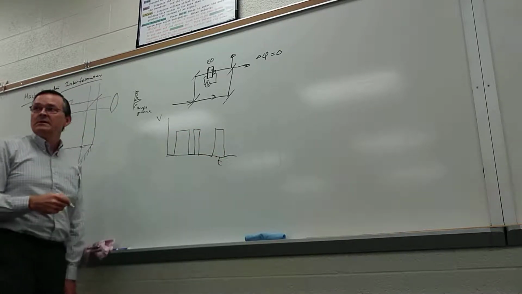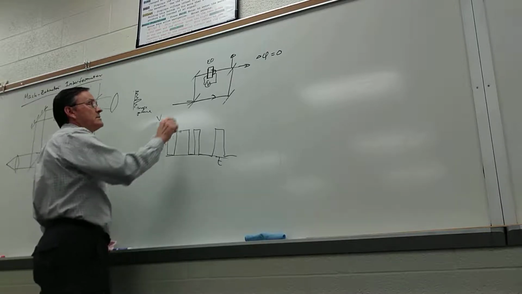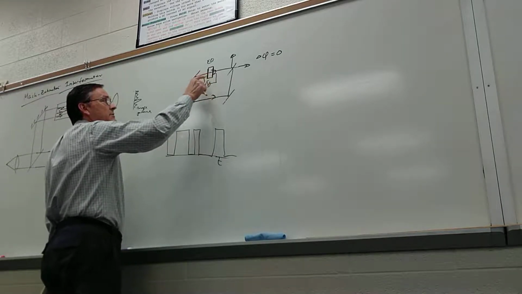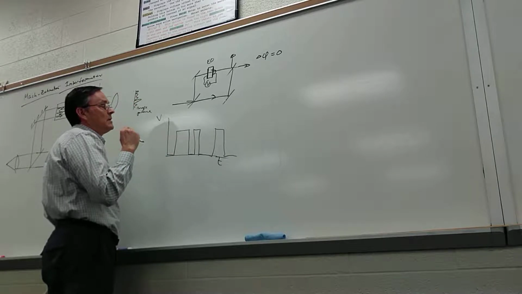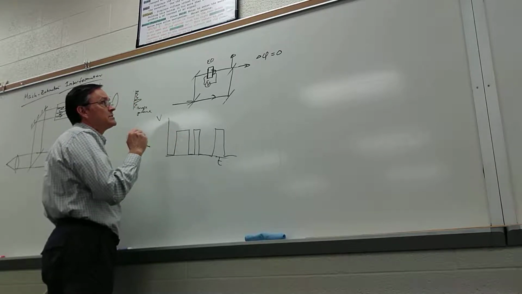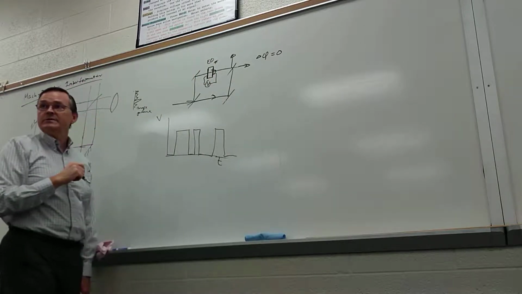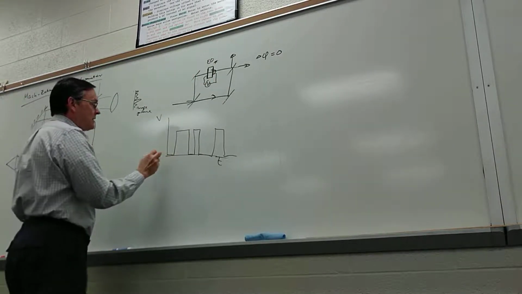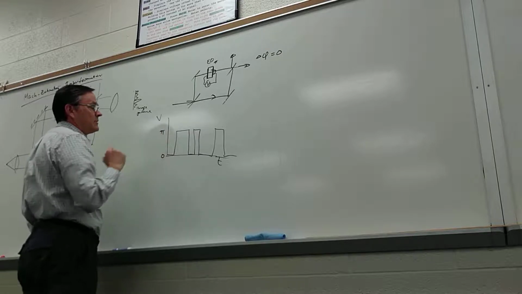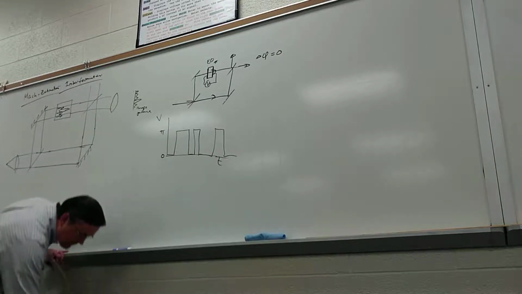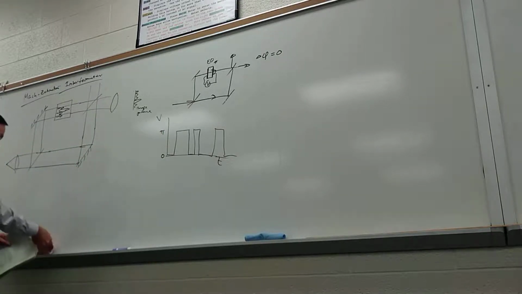And let's say that the optical path length and refractive index difference here when you apply the voltage is such that you get a pi phase shift. So here you end up with 0 phase shift. Here you have pi phase shift. Then when you've got a pi phase shift, what happens to the output?